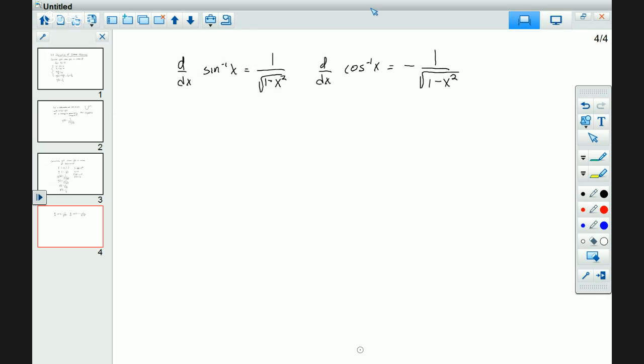So the derivative of cosine or cosine inverse is negative. You can also do the rest of them, tangent. What do you think cotangent is?